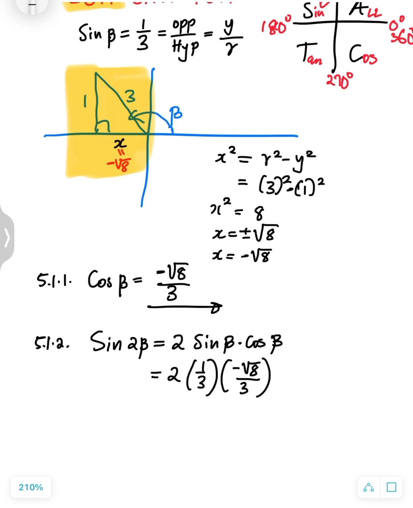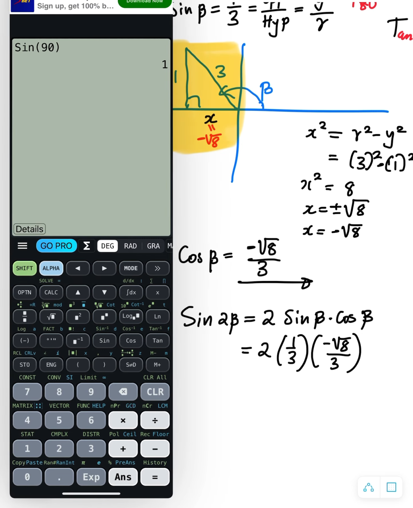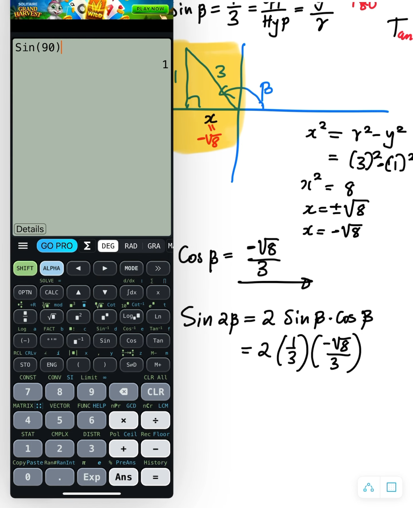So you use your calculator: 2 times 1 over 3 multiplied by negative root of 8 over 3.